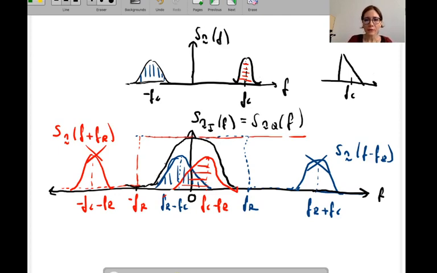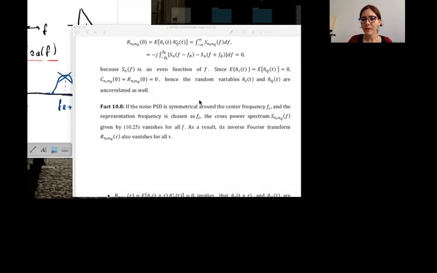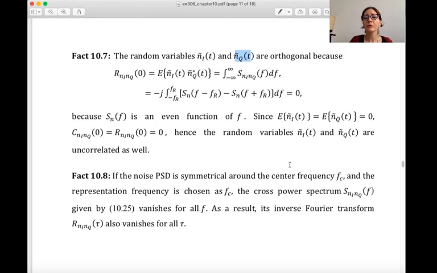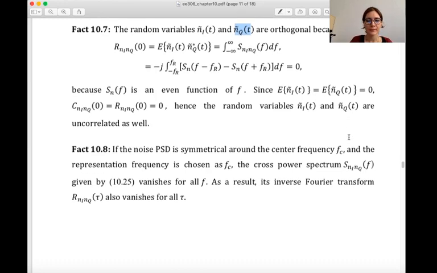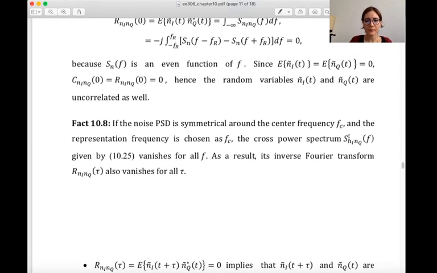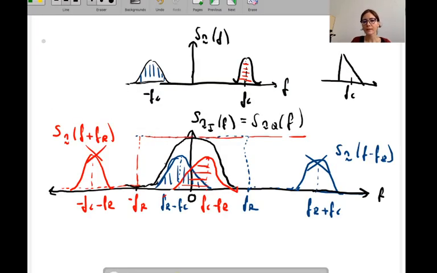So if Sn of f has that kind of symmetry, then we can obtain that Ni and Nq are uncorrelated as random processes. How does it work? Let's first notice that the cross power spectrum Sni,nq vanishes for all f. Why is that again?